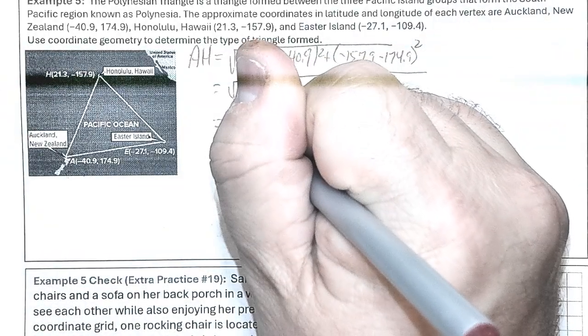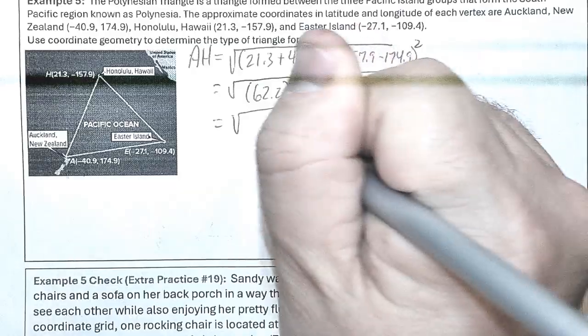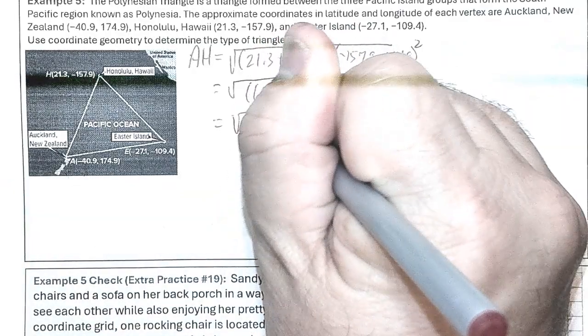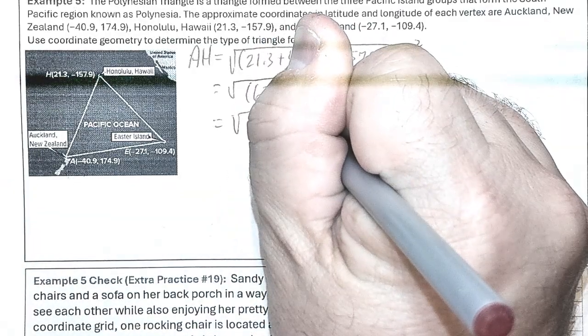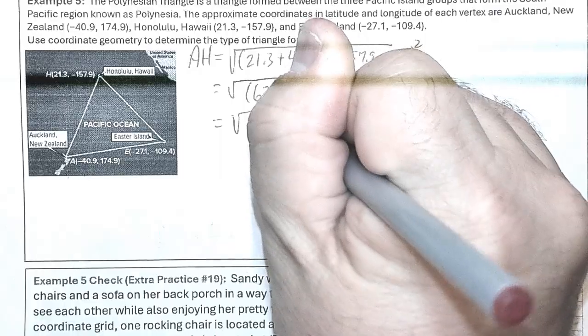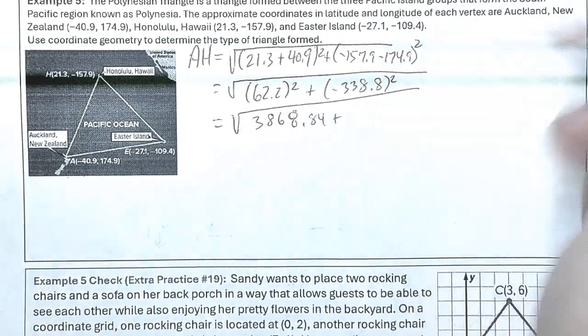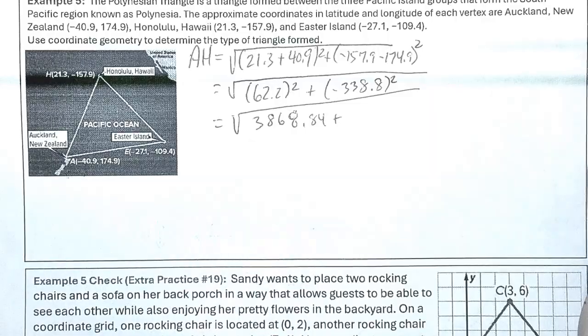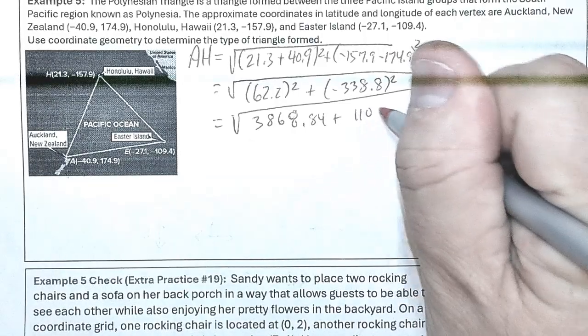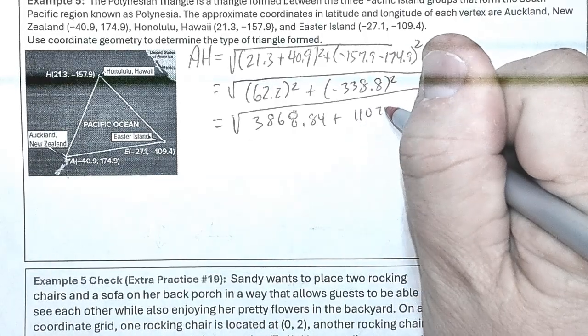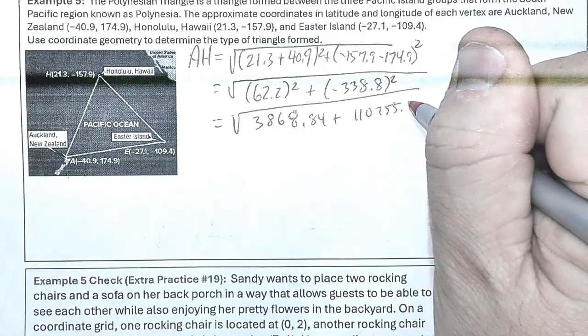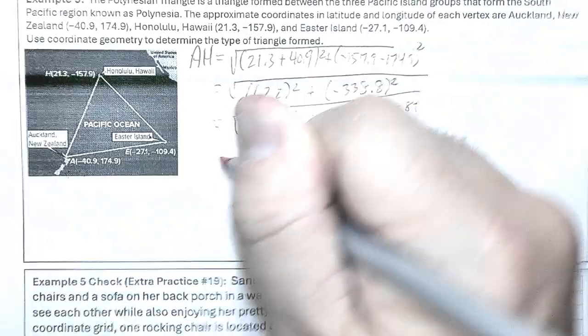So on one side, we're going to have 3,868.84 plus 110,755.84.